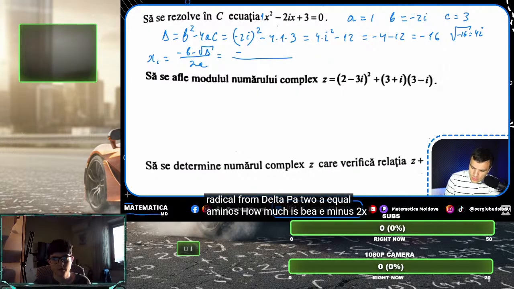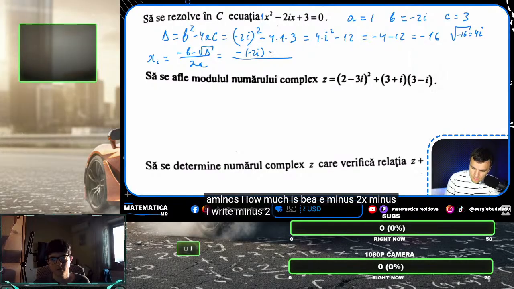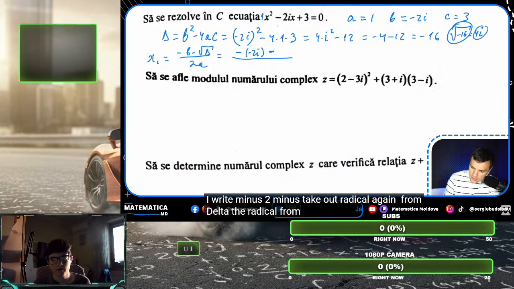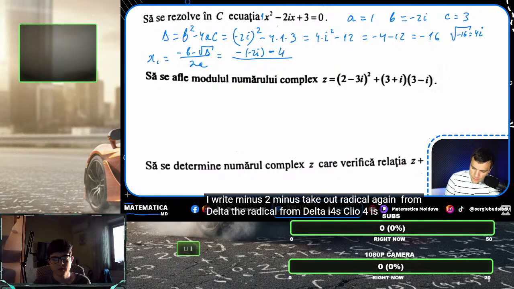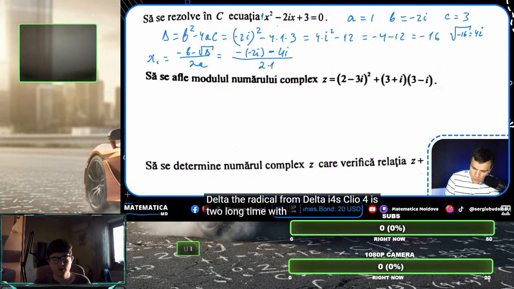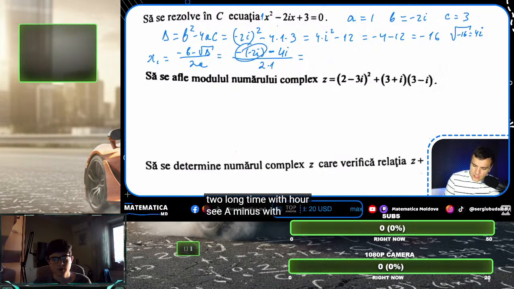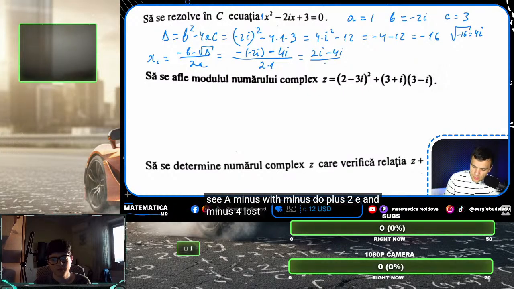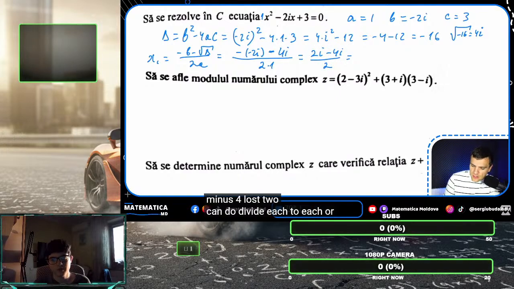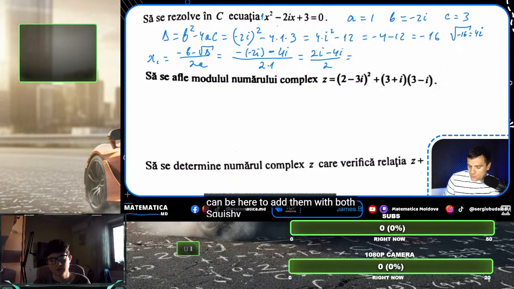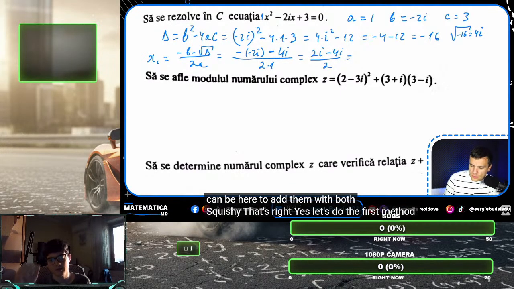So we have that is going to be plus 2i, and then minus 4i, what we got there. So basically 2 below. So plus 2i minus 4i is going to be minus 2i over 2. So that will be minus i, right?